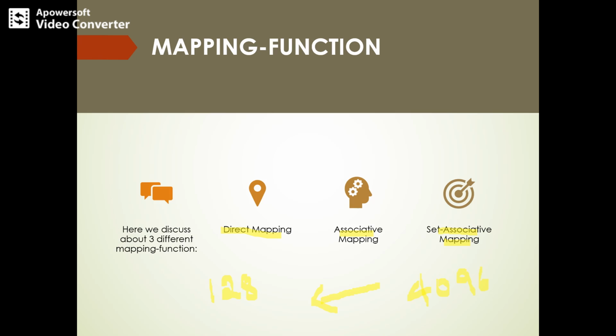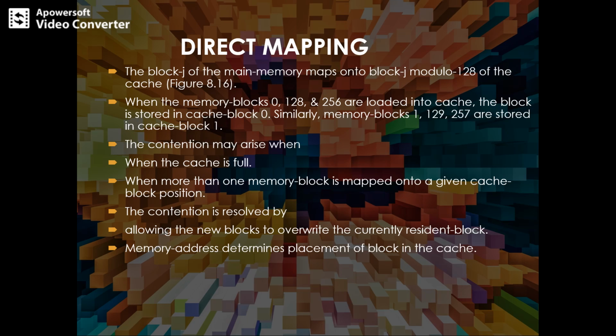Next we'll take one by one the different mapping functions: direct mapping, associative mapping, and set associative mapping. First we'll take direct mapping. In direct mapping, block J of the main memory maps onto block J modulo 128 of the cache.